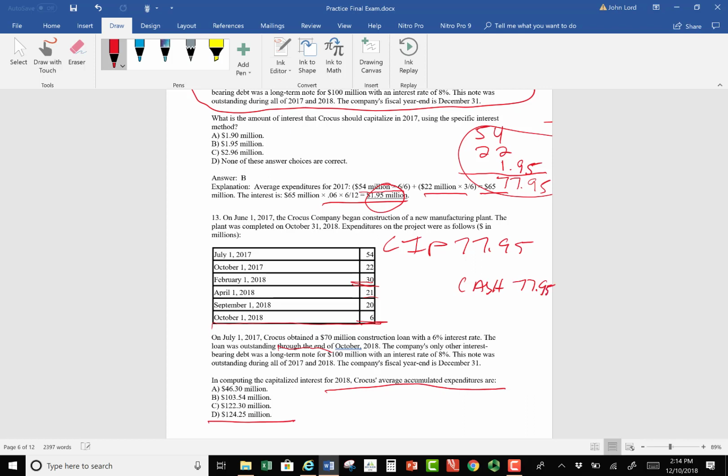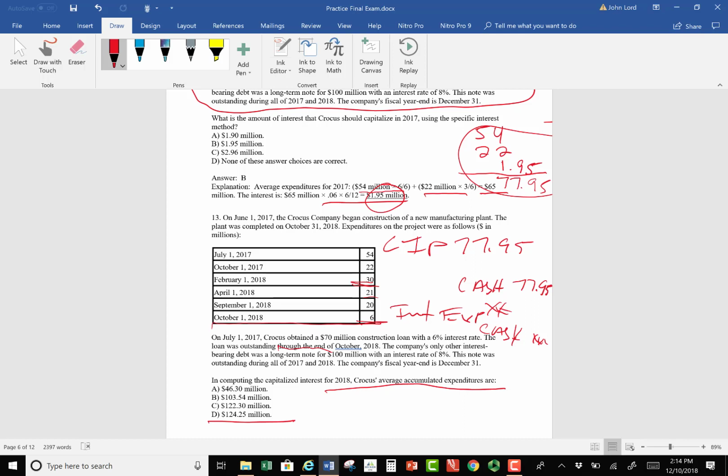That's the amount that they spent on the construction plus that 1.95 of interest that they've capitalized. And then there's obviously interest costs that are in excess of the amount that got capitalized. Well, that's an expense. So we would debit interest expense for that difference and credit cash for that difference, right? I don't care what it is, whatever it is, that part would be expense.